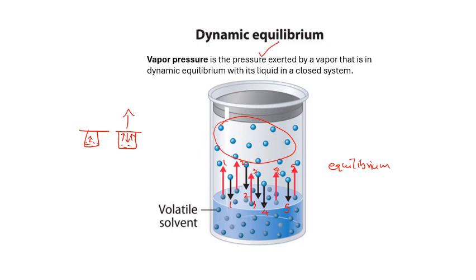So in that case, how much is the pressure at that particular temperature? We call that a constant. For example, the vapor pressure of water at 25 degrees Celsius is going to be constant, because of this establishment of dynamic equilibrium.